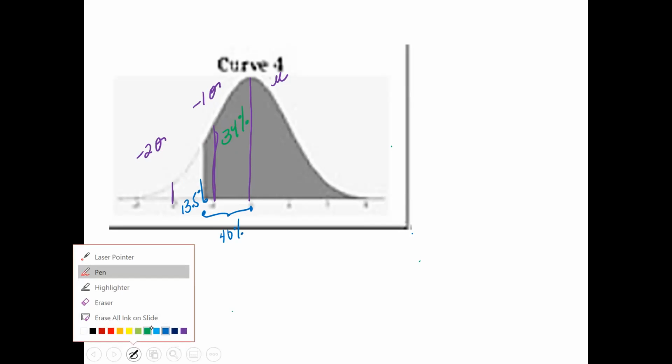So this looks like it's a little bit more than 34. I would say maybe from here to here, it looks like it is about 40%, just an estimate. So with that 40%, don't forget the 34 here.